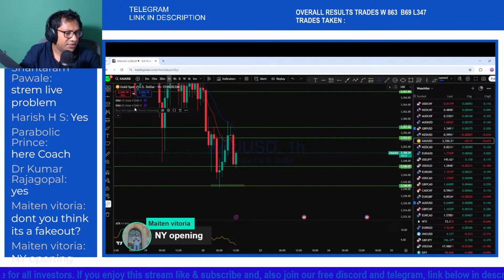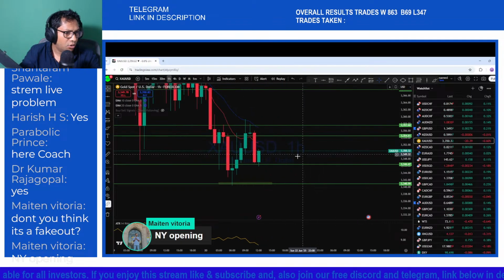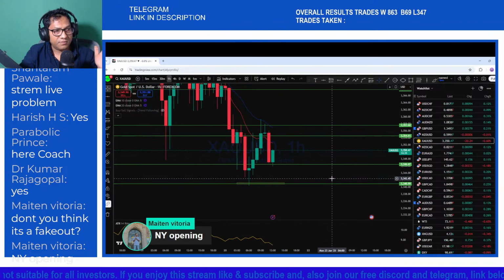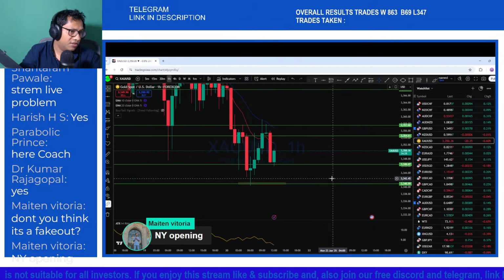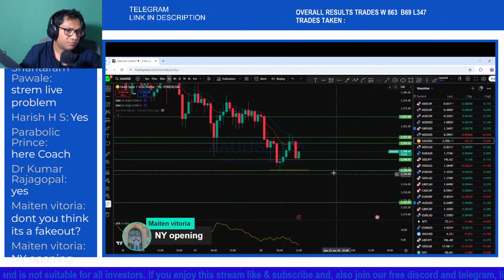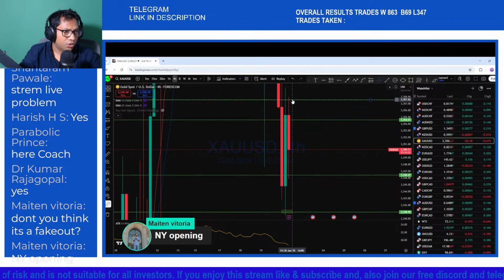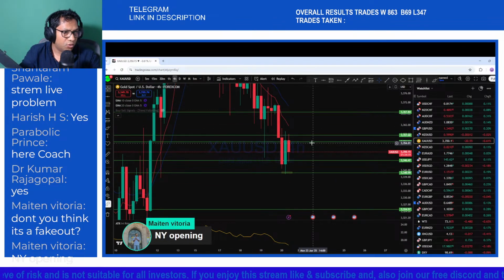This is the 1-hour price action, where the market, from the support level, is possibly going back here for another retest, and then we may see the market drop. So here is a series of lower highs.